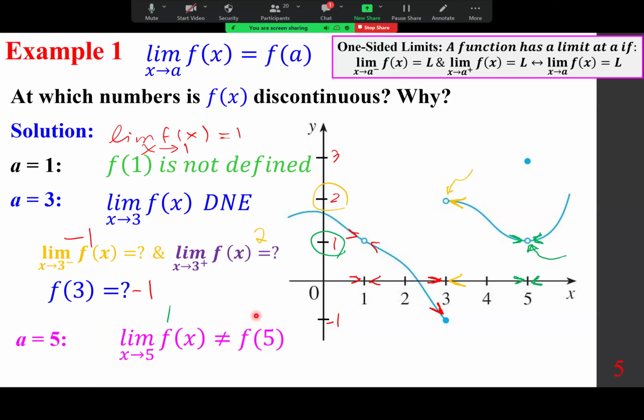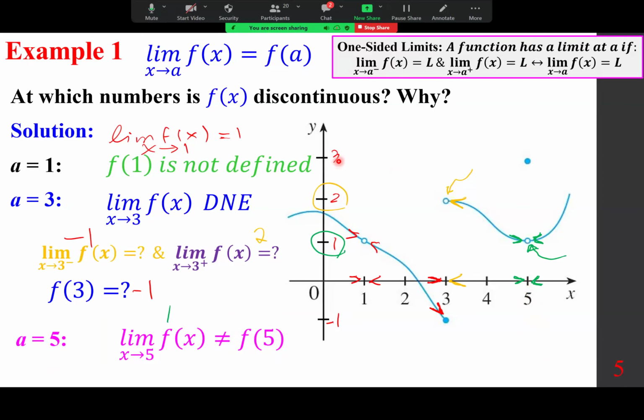Class, so what is f of 5 equal to? Anyone? 3. Perfect. So f of 5, look for a solid point here. Here's the solid point.